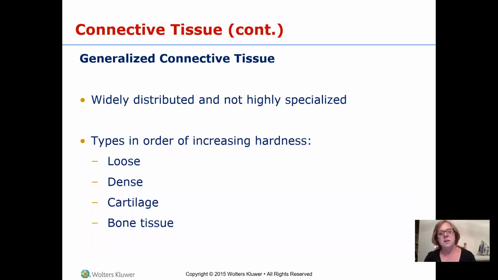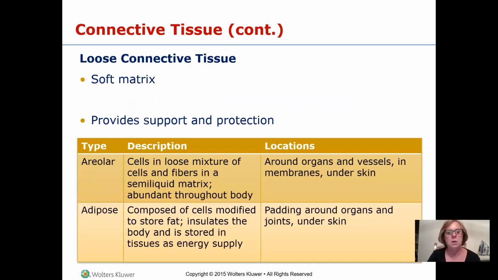Then generalized, these are widely distributed, and they're not highly specialized. They can either be loose or dense. Other types are defined as well based upon their hardness, and that would be cartilage and bone. When we look at loose connective tissue, it's either of one or two types.